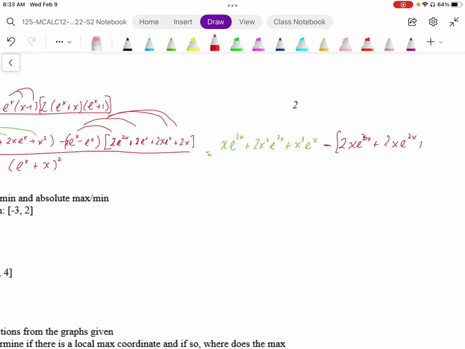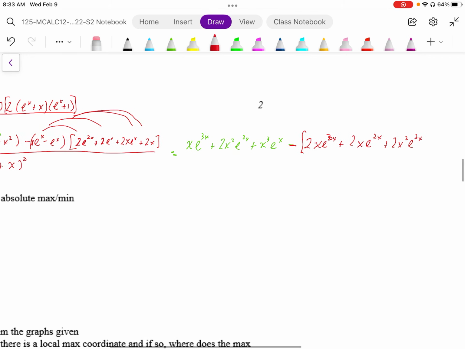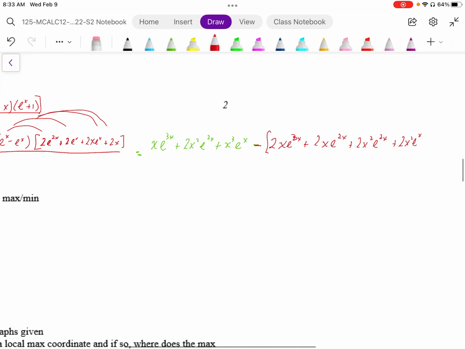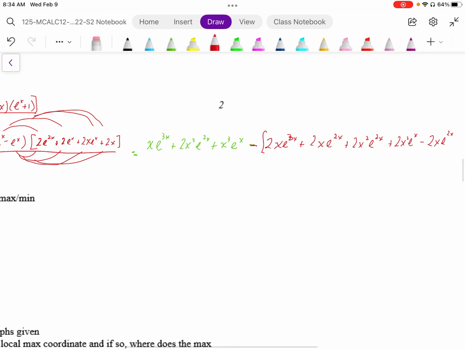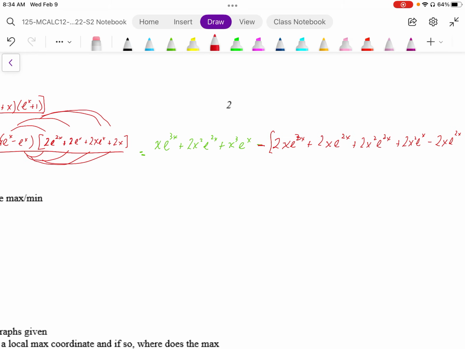This next one's going to be plus 2x squared e to the 2x. The next term is going to be 2x squared e to the x. Okay, and then we have to expand out the next set of brackets here. This ends up being minus 2x e to the 2x. Next term is going to be, oh, sorry, that's not going to be 2x, sorry.